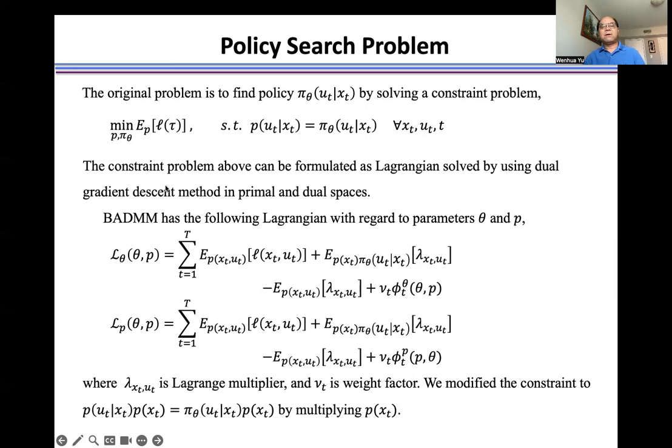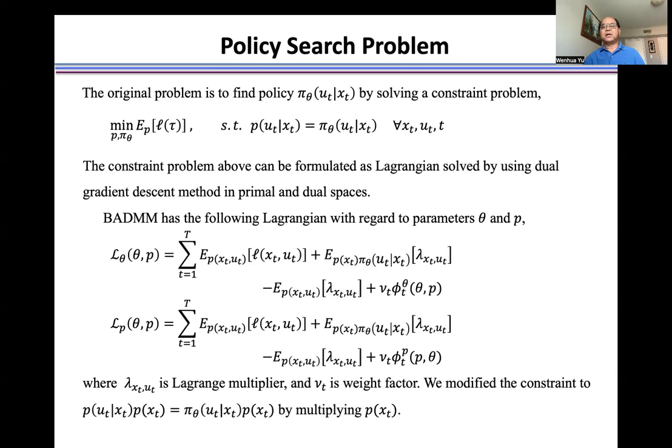So the constraint problem above can be formulated as a Lagrangian. Then we can solve it by using the dual gradient descent method in primal and dual spaces. To solve this problem, because the deep visuomotor policy is an end-to-end method, we need to first convert the original problem to a Lagrangian.